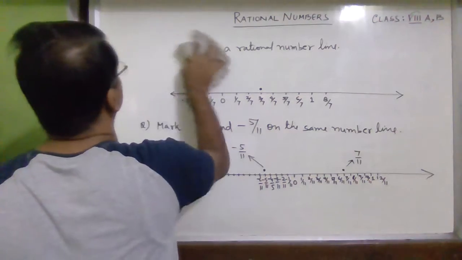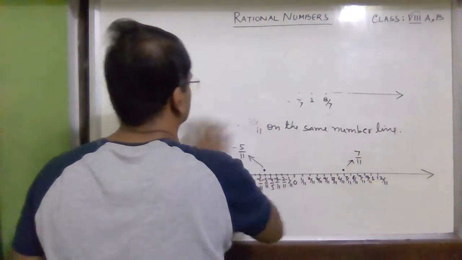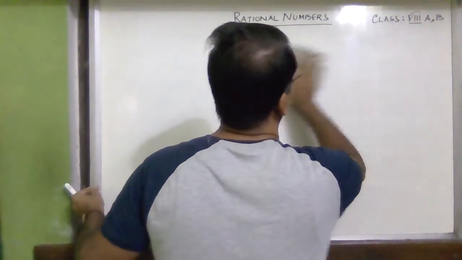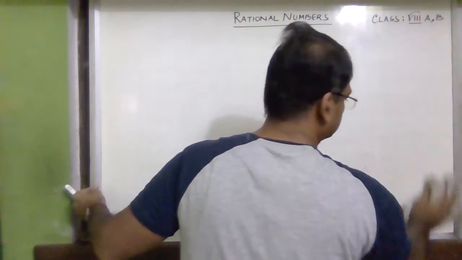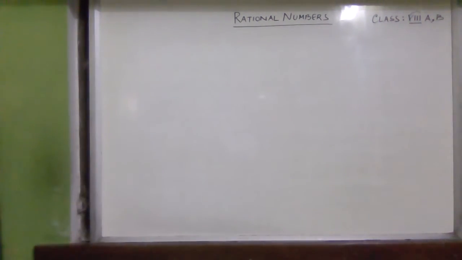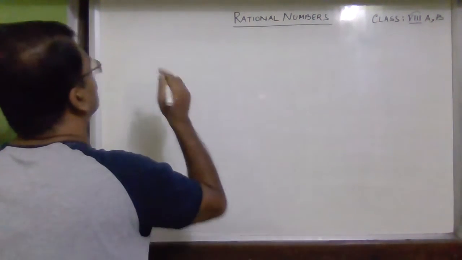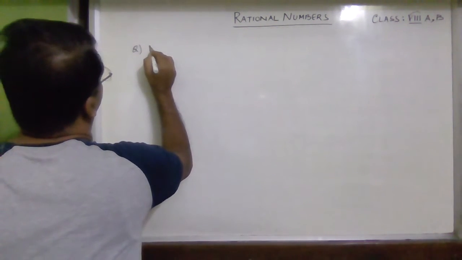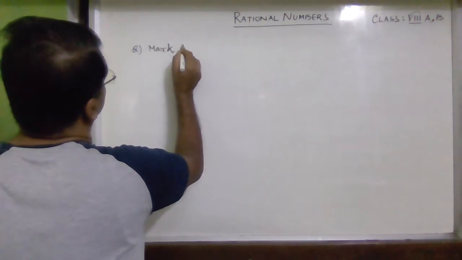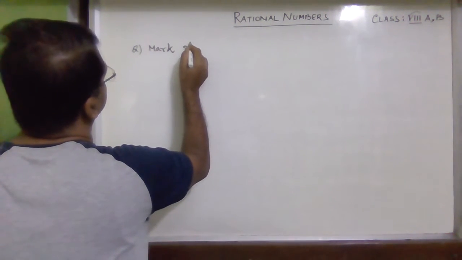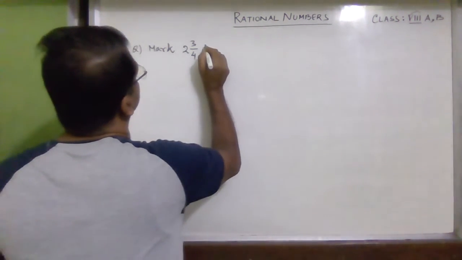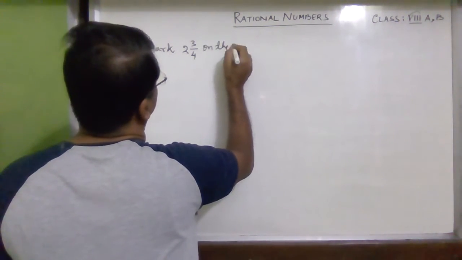Now the next question. Mark 2 whole 3 by 4 on the number line.